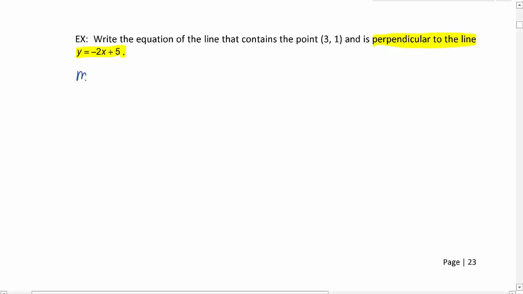Well, the slope of this line is negative 2, and perpendicular lines have slopes that are opposite reciprocals, so we're going to want to use the slope positive 1/2 and then write the equation of the line having that slope and passing through the point (3, 1).